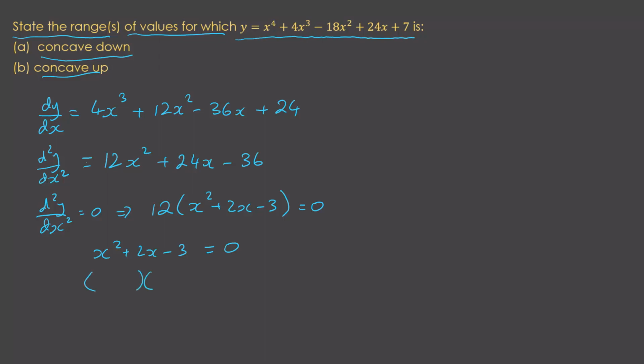We can factorize that as (x + 3)(x - 1) = 0. So x is equal to -3, or x is equal to 1.